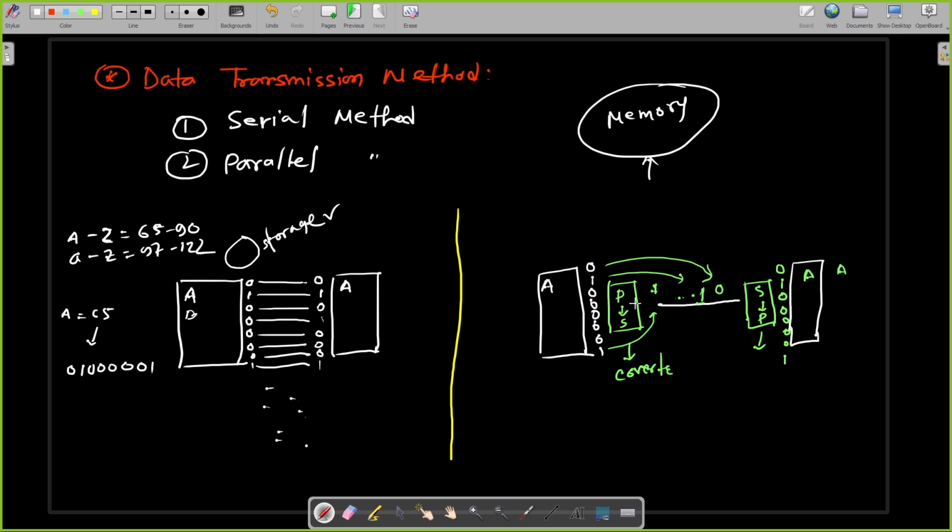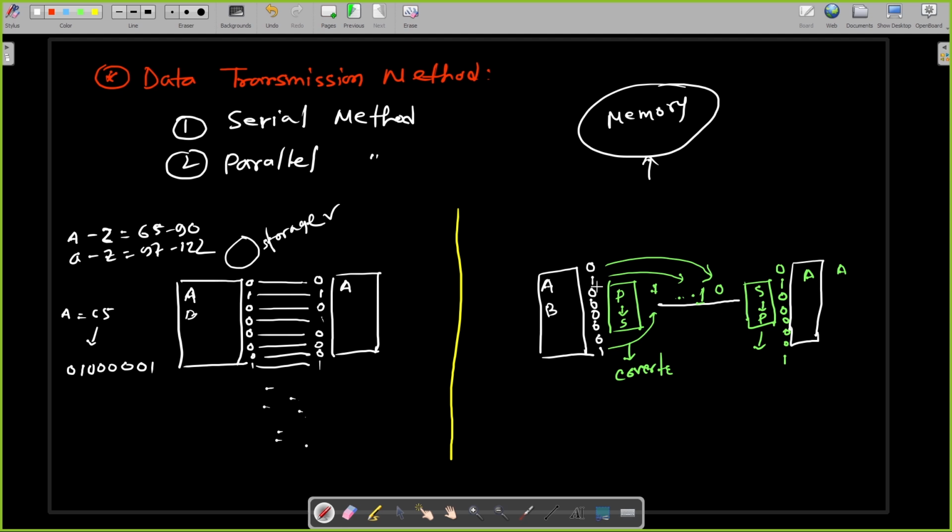But in the serial method, when we write A, the converter starts to convert those parallel bits and sends them. After that they receive the data. When you type B here, this B also starts sending after this A is sent.